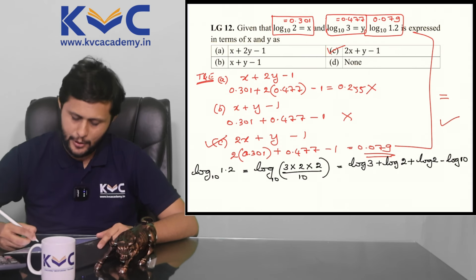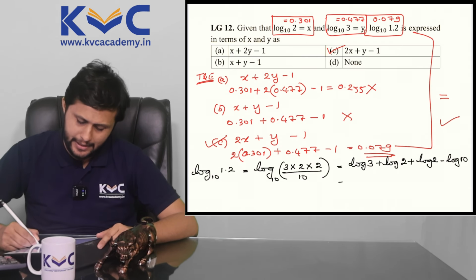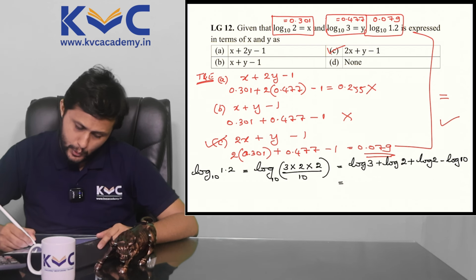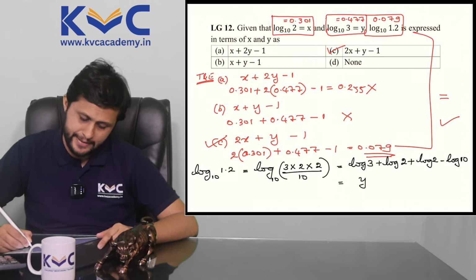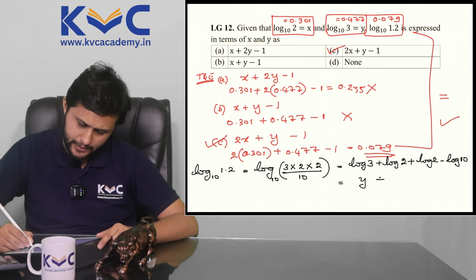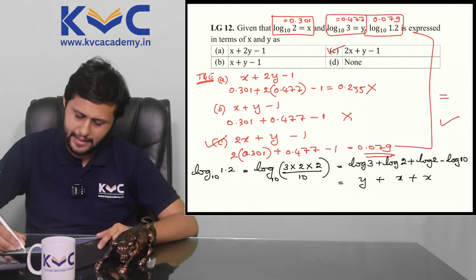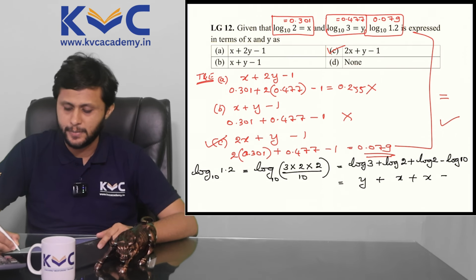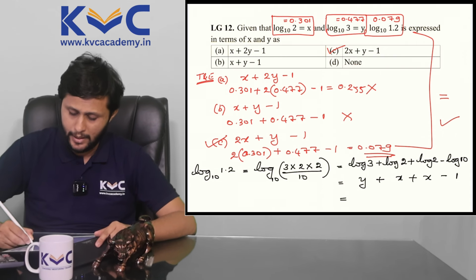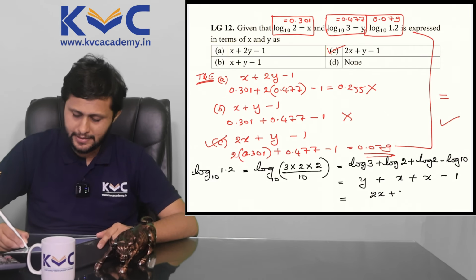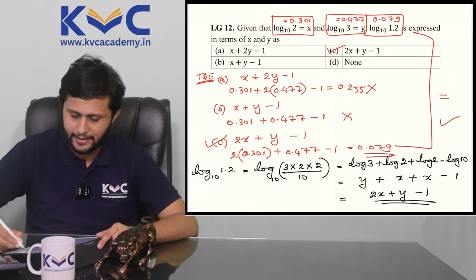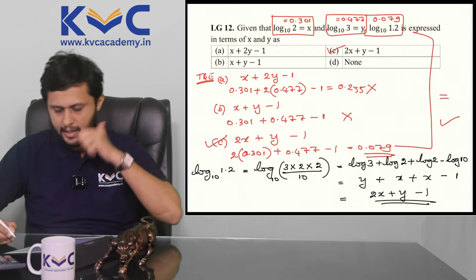All are base 10, so I have not mentioned it. What is log 3 equal to? Log 3 is equal to y. Log 2 is equal to x, which is repeated 2 times, so I'll write x plus x. What is log 10 to the base 10? Equal to 1. Now I have 2x plus y minus 1 as the answer.